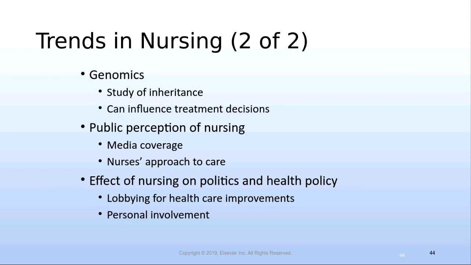Consumers of healthcare are more informed now than ever. Of course, with the internet, everybody can find out anything on the internet. So they have access to healthcare and treatment information. And this information affects the perception the public has for nursing. For example, the media frequently highlights incidents of preventable medication errors or surgical errors.